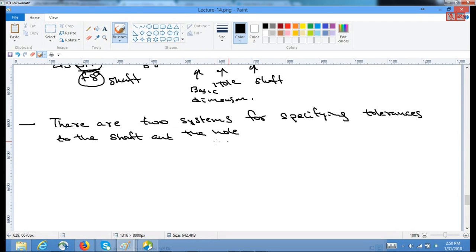The first is the hole system, or hole basis system, and the second one is the shaft basis system.